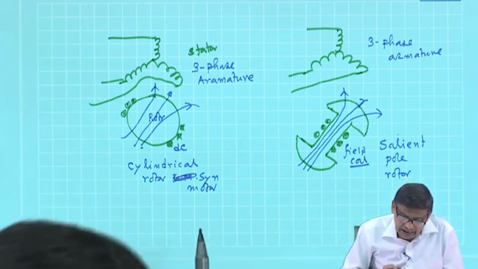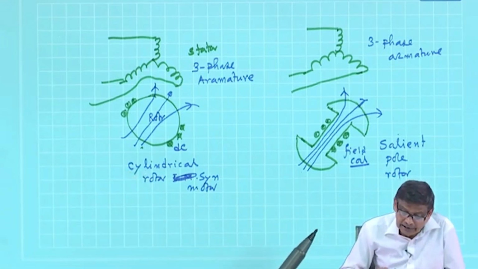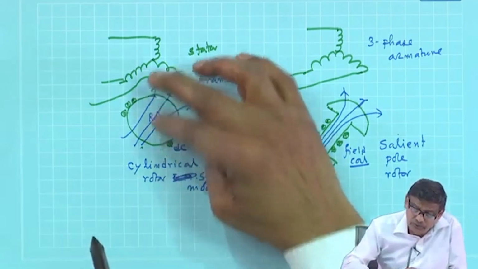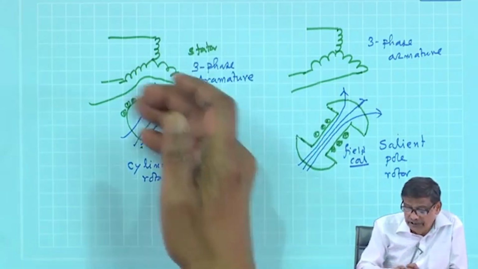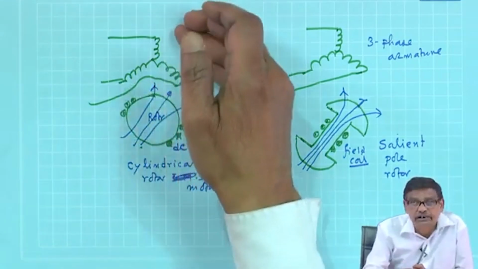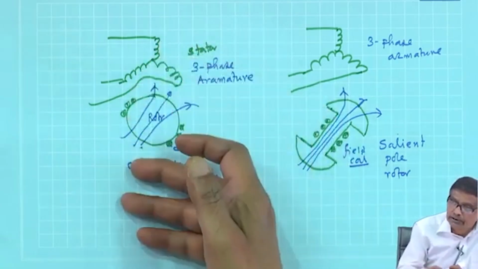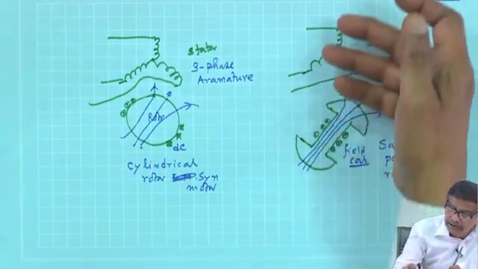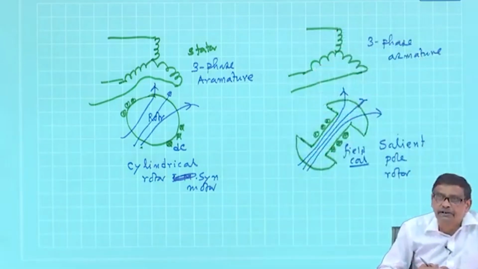But before that, another interesting point I must tell you, that these two things can interchange role. For example, DC field winding can be put on stator, armature 3-phase winding on the rotor. Here also field winding on the stator, armature on the rotor. These two can be reversed.